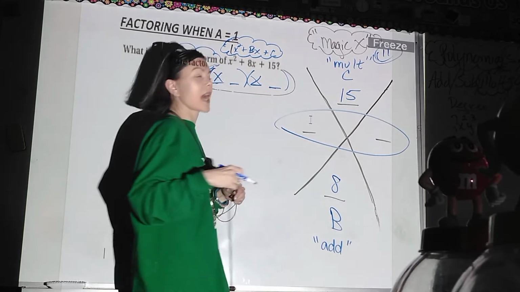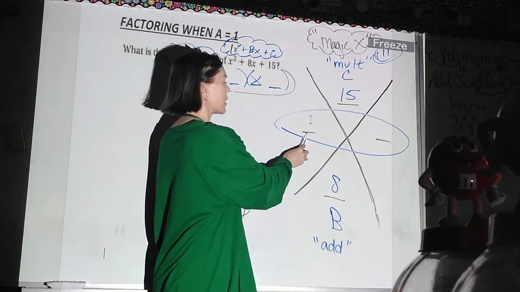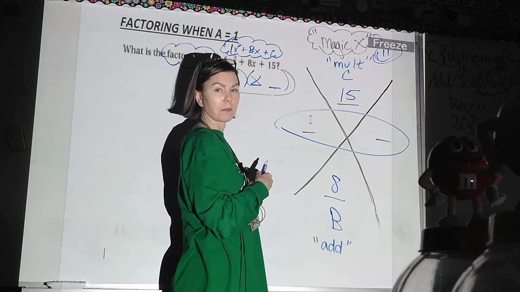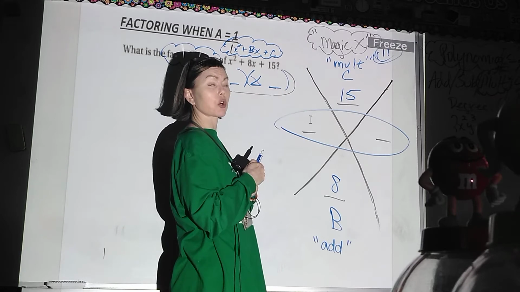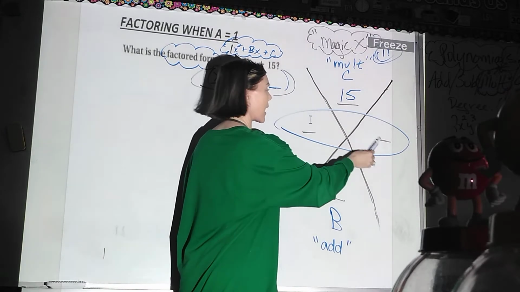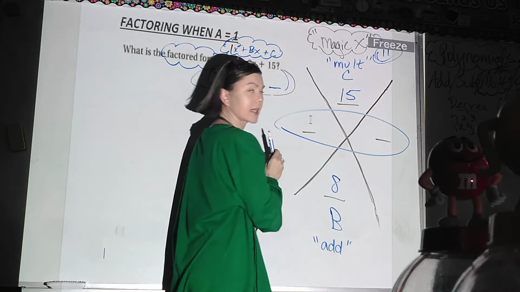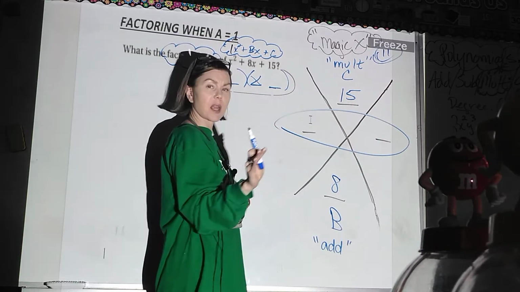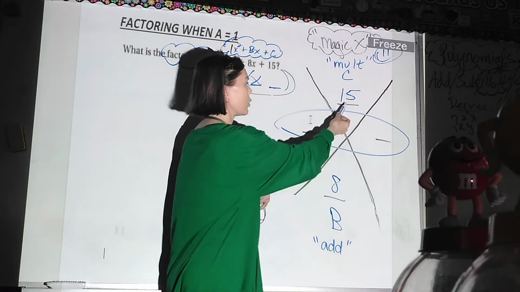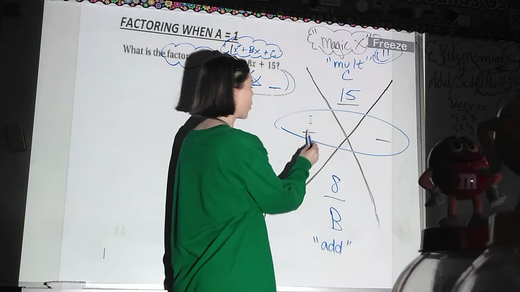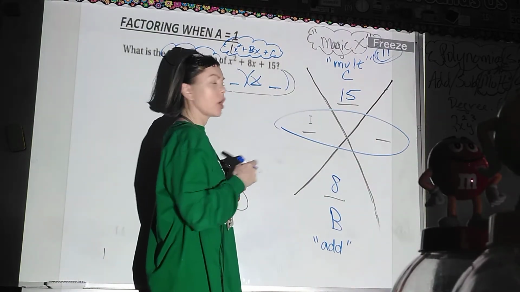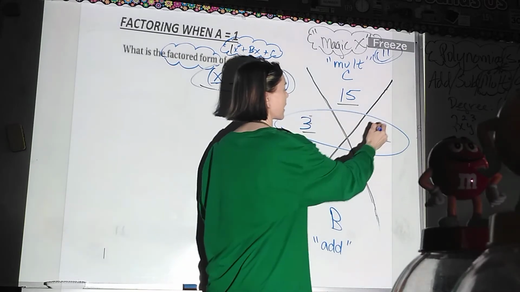What times what gives you 15, and what two numbers when added together give you 8? So let me say that again. What two numbers when multiplied together give you a positive 15, and when added together give you a positive 8? Well, that's going to be a positive 3 and a positive 5.